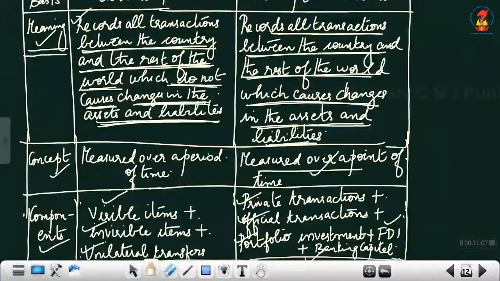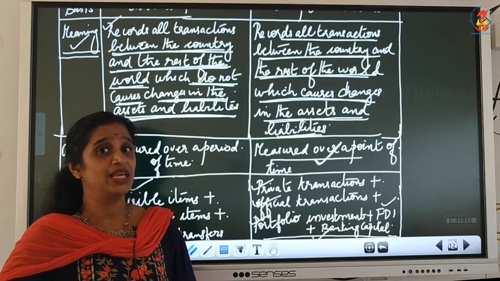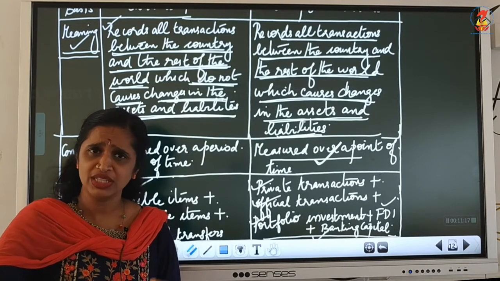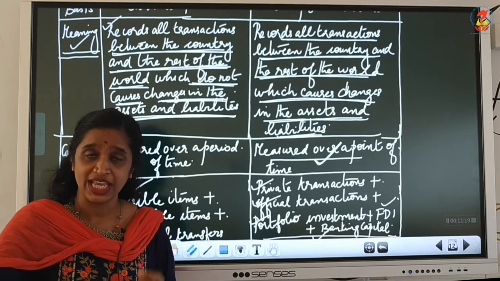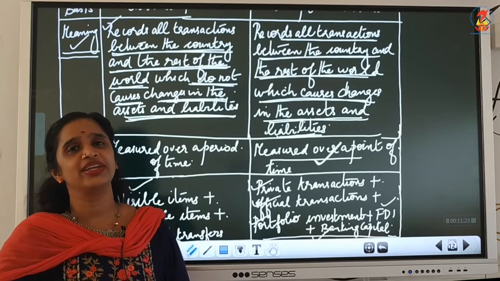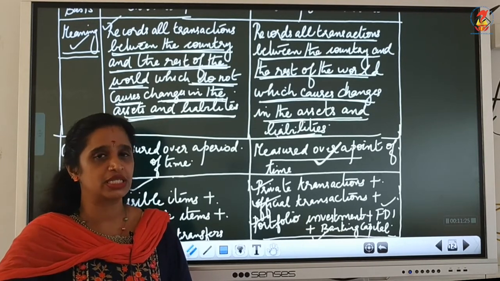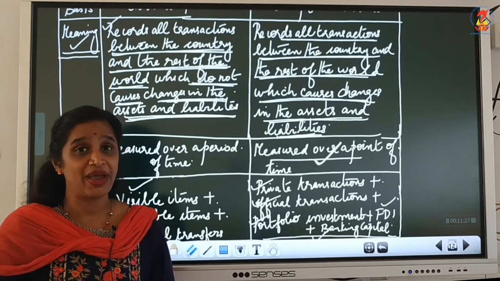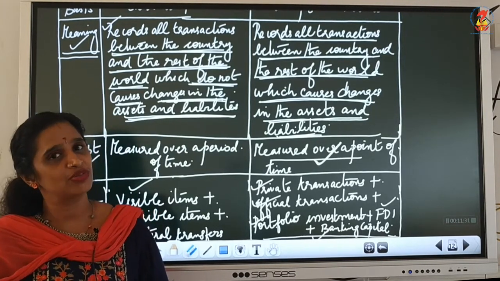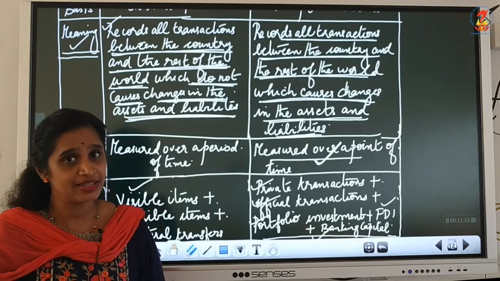But whereas capital account, it is measured at a point of time. Why is it said as a point of time? It happens at a point of time. All the things which are related to capital receipts and capital payments are included in the capital account. For example, RBI, banking capital, is one among the components of capital account, am I right?